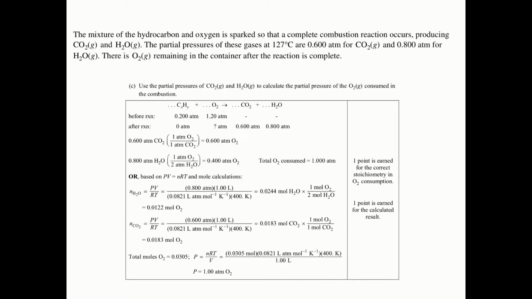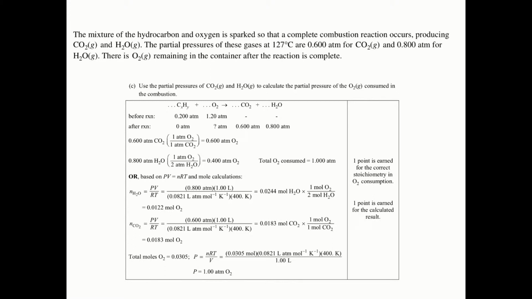And so the total number of atmospheres of oxygen that are used is 1. So I used 1 atmosphere of oxygen in order to produce 0.6 atmospheres of carbon dioxide and 0.8 atmospheres of water. So the partial pressure of oxygen consumed would be just that 1 atmosphere.